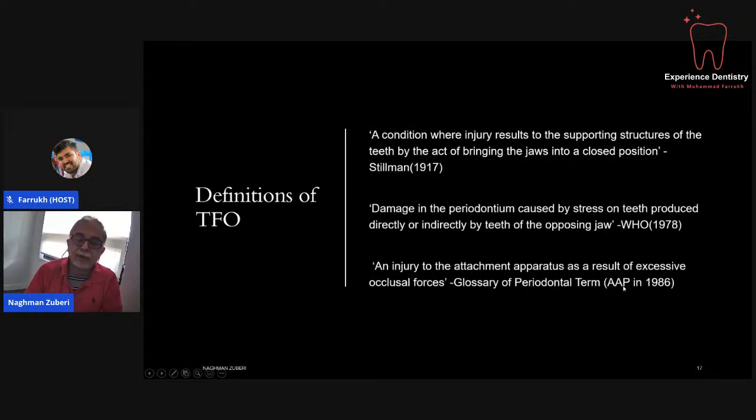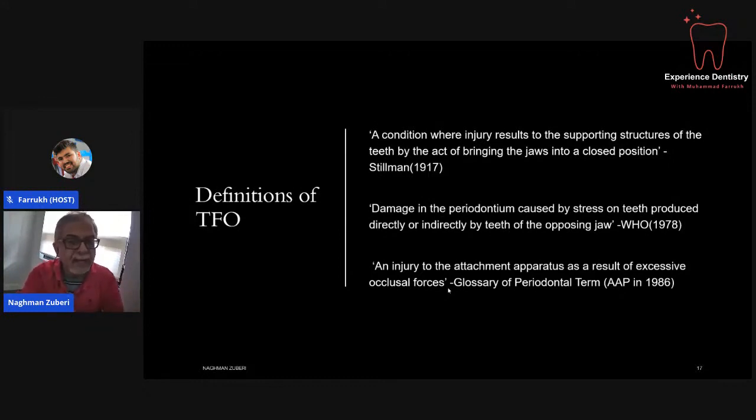The American Academy of Periodontology in 1986 defined it in the glossary of periodontal terms as an injury to the attachment apparatus as a result of excessive occlusal forces. So from all these definitions, a few things are clear.